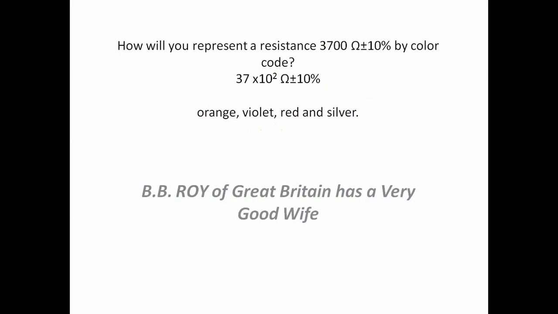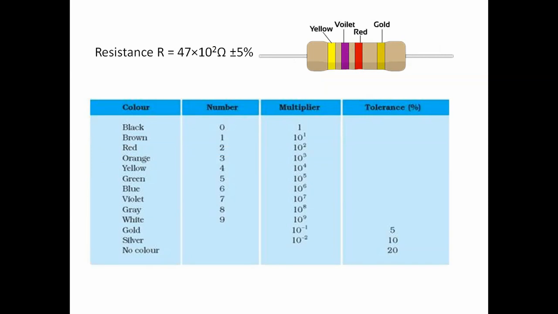Now, it is easy to remember these numbers: 1, 2, 3, 4, 5, 6, 7, 8, 9. And if we remember the color order, then we can easily find the resistance of a carbon resistor and the color bands of a given resistor.